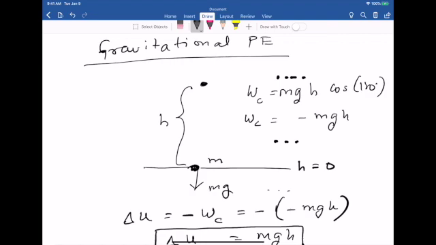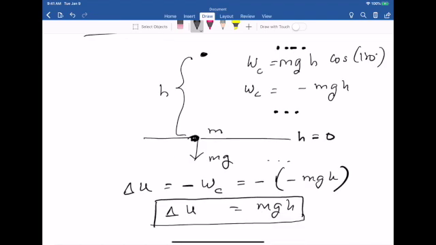Because as you can see, it's only the change in potential energy that we care about. The actual value of the potential energy is meaningless by itself. You always have to have a reference level where you know that the potential energy is 0, and then you calculate potential energies relative to that reference level. So for gravity, you can choose the reference level where potential energy is 0 wherever you want.